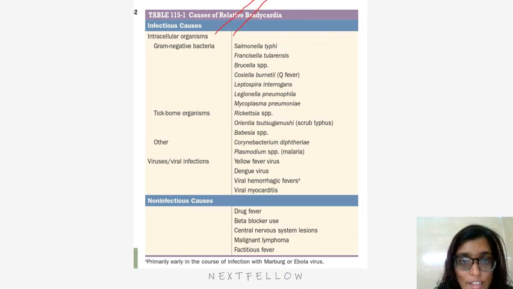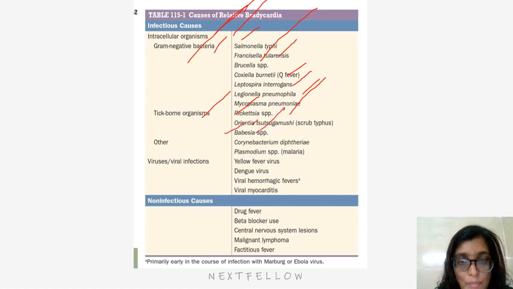Causes of relative bradycardia are gram-negative bacteria, that is Salmonella typhi, Francisella tularensis, Brucella species, Coxiella burnetii, Leptospira interrogans, Legionella pneumophila, and Mycoplasma pneumoniae. Tick-borne organisms like Rickettsia species, Orientia tsutsugamushi, that is scrub typhus, Babesia species.